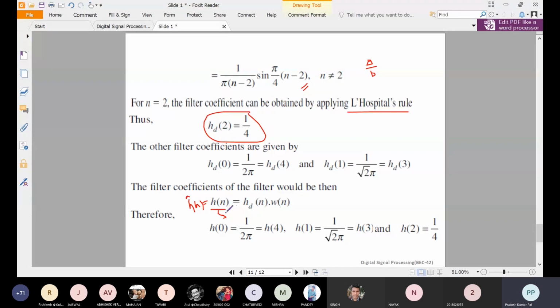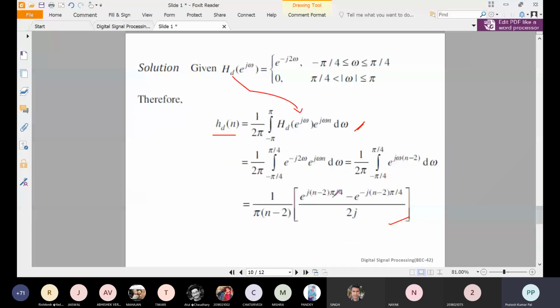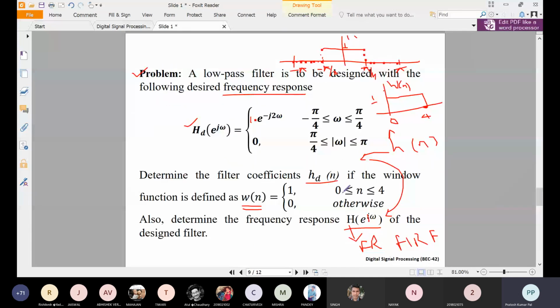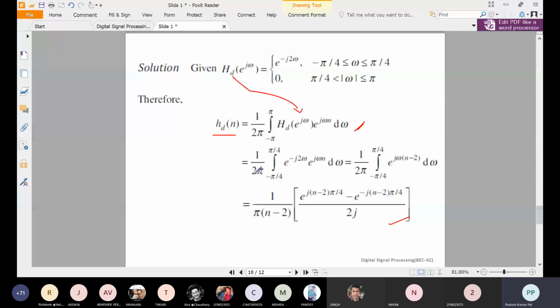Once we put n equal to 0 in here and here also, we get two different values, and after multiplication we get the value, because w of n is always 1. In the question, if n is ranging from 0 to 4, it is always 1. So whatever hd of n is, that will be the same as h of n.